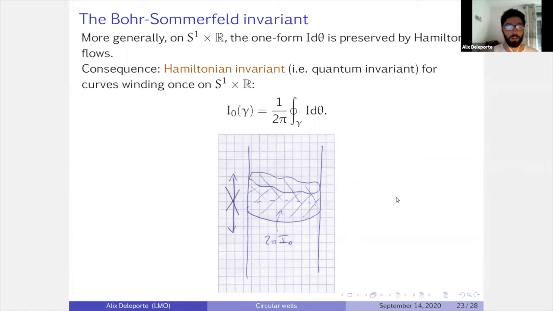This is what's called the Bohr-Sommerfeld invariant. And this invariant is going to be preserved by any quantum transformation, any Hamiltonian transformation which you will do to your system.